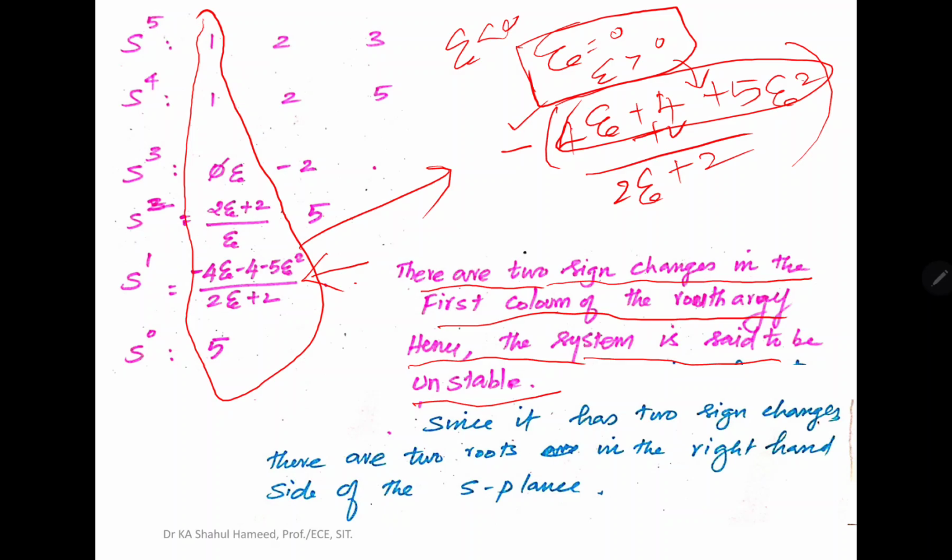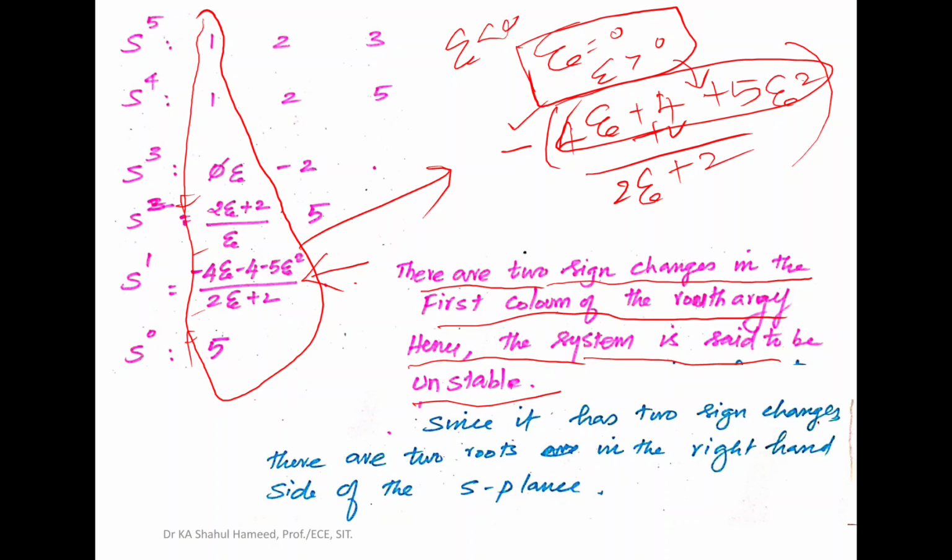For any value of epsilon greater than 0 and 0, the first column of the Routh array is definitely negative. Hence you can find two sign changes, from plus to minus and minus to plus. So the system is said to be unstable.